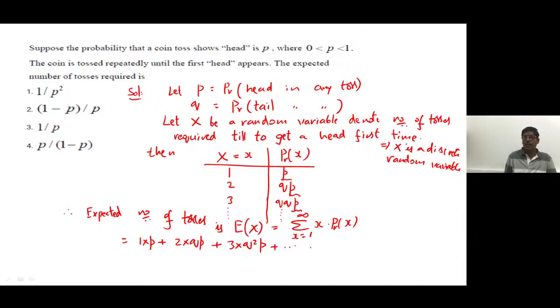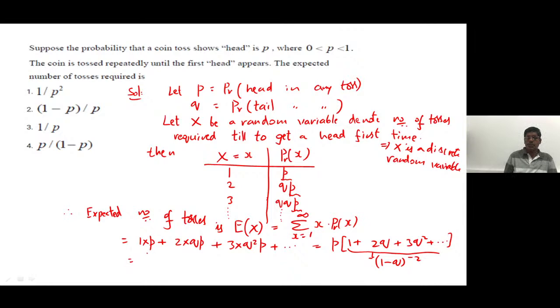In all these I can take p common, that is p into (1 plus 2q plus 3q squared plus so on). This is a standard Maclaurin series expansion, (1 minus q) to the power minus 2.